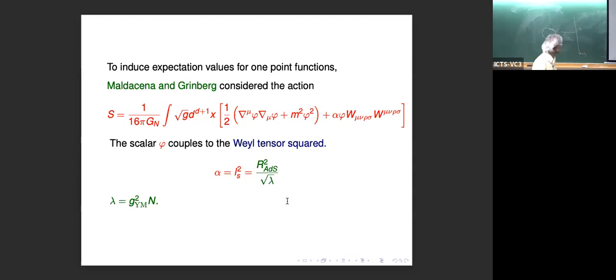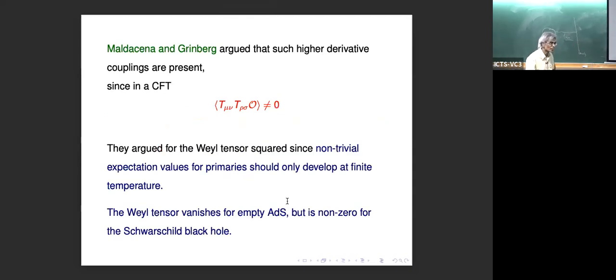He's saying that there will be a contribution to T, T, O from that, and so that coupling would be present. But the Weyl coupling is the only coupling that can make a difference to the 1-point function, since the 1-point function must vanish in pure AdS but not otherwise. So phi R will also give you this thing, but it wouldn't contribute to the 1-point function. I'm going to address that soon.